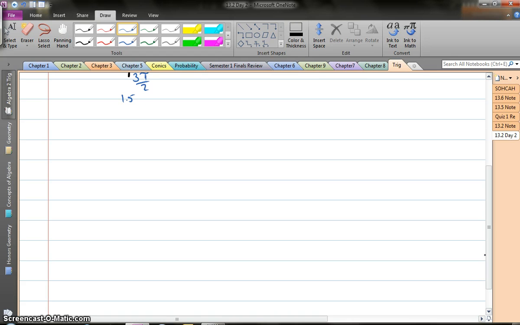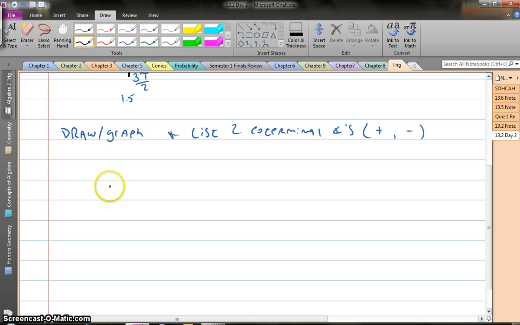For this exercise, we're going to draw or graph our radian measure, and we're going to list 2 coterminal angles, and just like we did yesterday, we want 1 positive and 1 negative. Remember how we added 360 or subtracted 360 and we kept going until we were all out of options. So let's start by drawing 3 of these things.